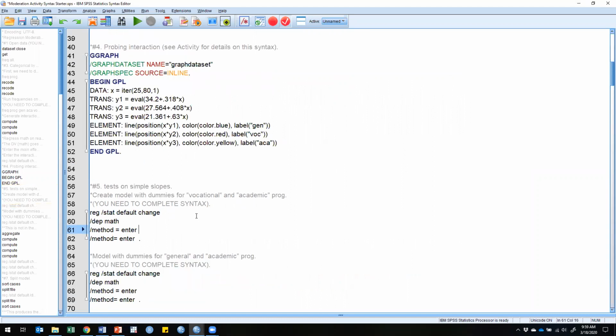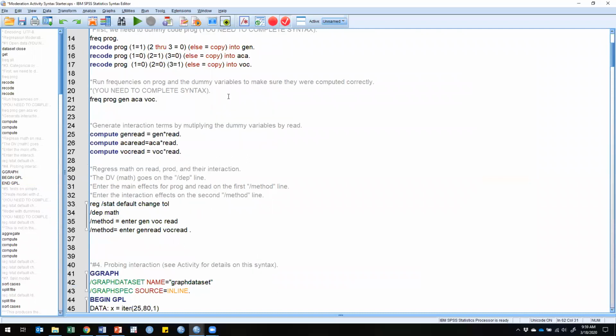So we're going to create a model with dummies for vocational and academic. So we're going to do VOC, ACA, read, and then let me make sure that's what we named the variables. ACA, VOC, gen read, ACA read, VOC read.